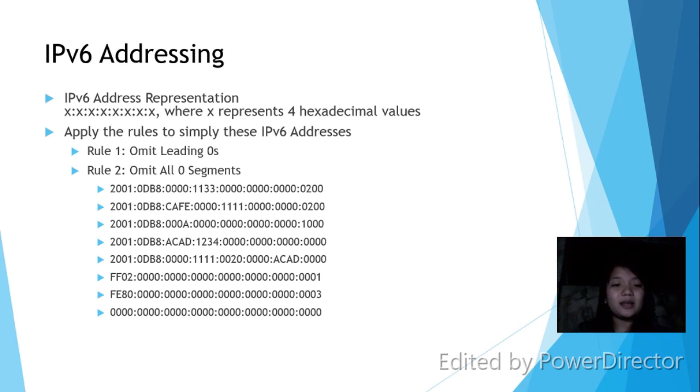If it starts with 0, you just omit or remove that. Rule number 2 is omit all 0 segments. So just like this one, if the segments are all 0, you will omit that.